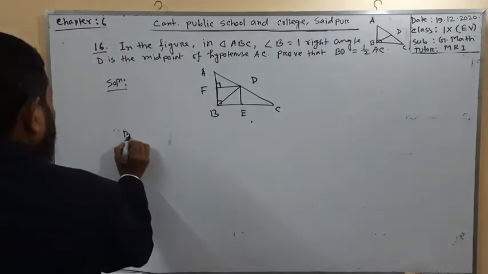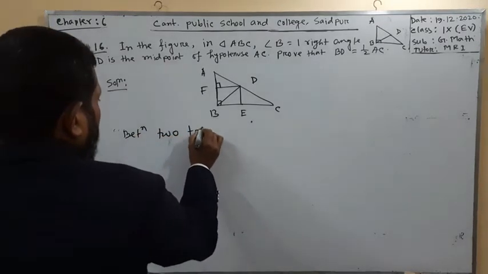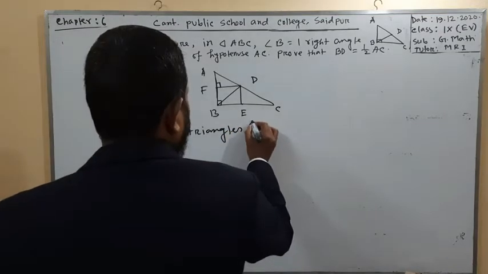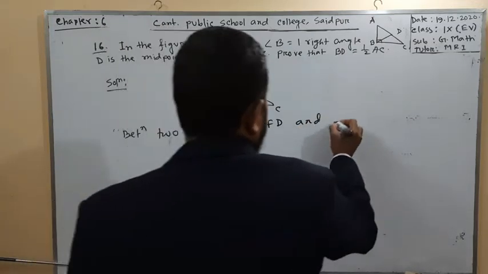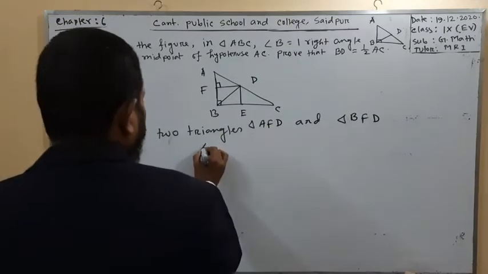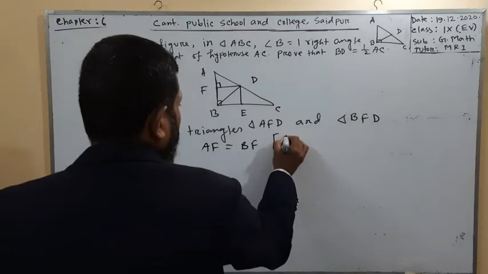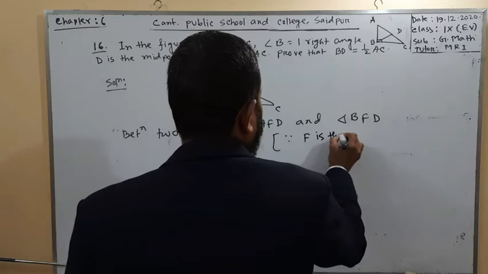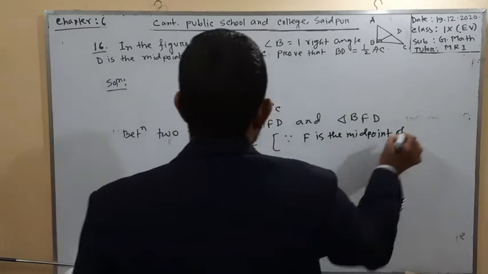Between the two triangles, triangle AFD and triangle BFD, AF is equal to BF because F is the midpoint of AB.